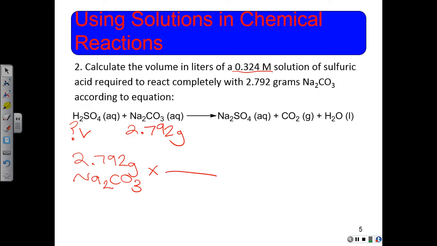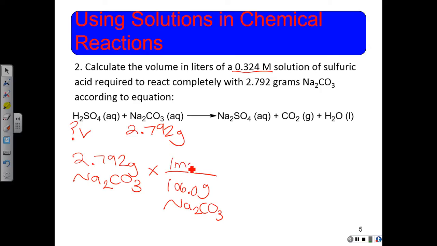How do we get from grams to moles? You have to add up the formula weight. If we add up 2 sodium atoms, 1 carbon, and 3 oxygens, we get about 106. You can check that when you're studying.